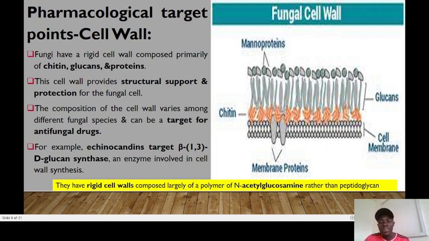All right. So remember, the fungi have a rigid cell wall that is composed of the polymer N-acetylglucosamine, which is a target for different antifungals. And this is different from the bacteria. Remember, when you're looking at the bacteria, the cell wall is made of peptidoglycan, where penicillins normally target.